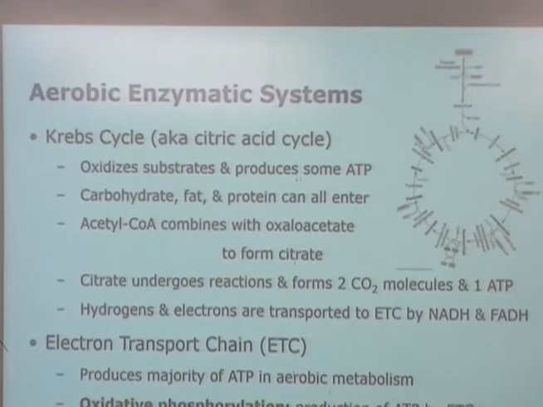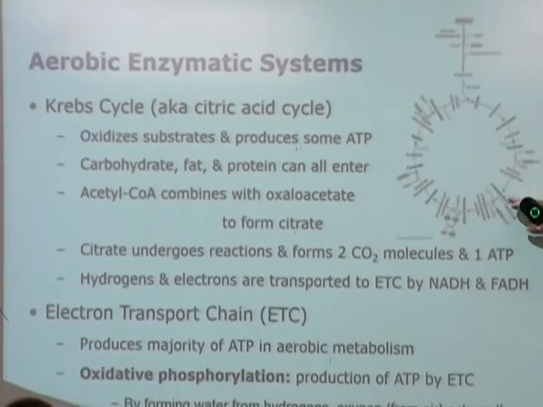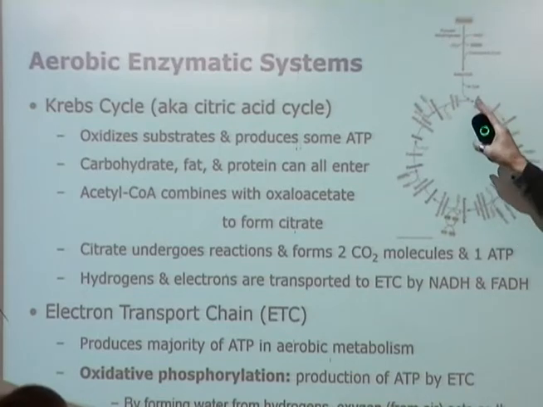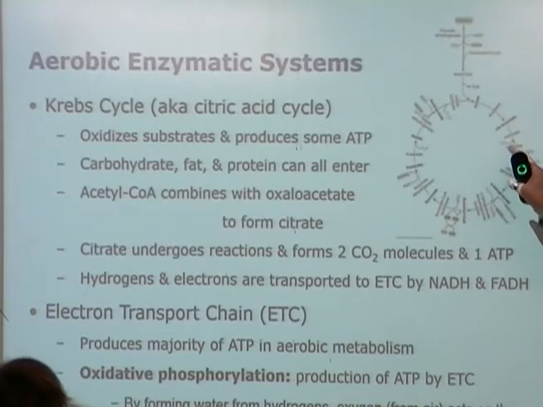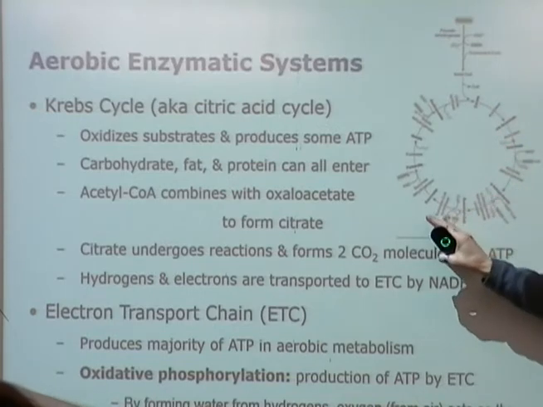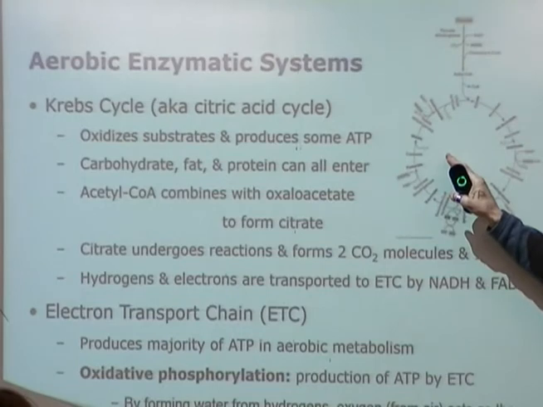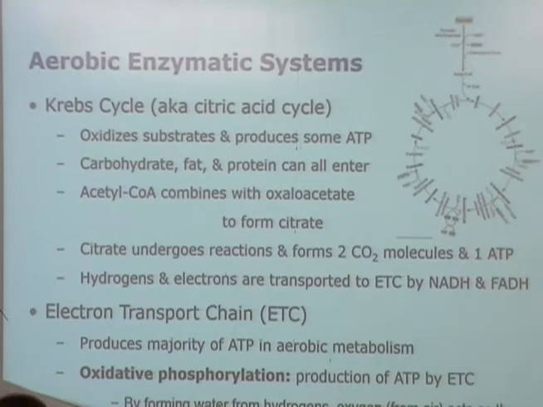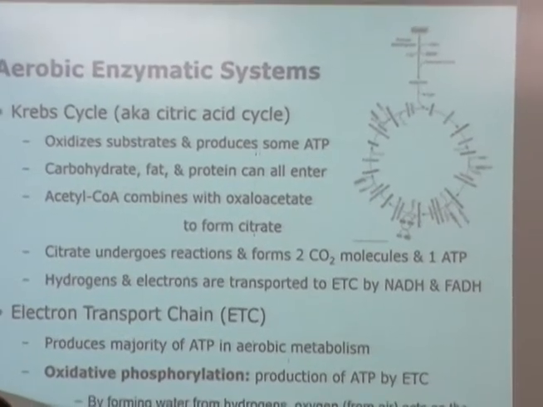For us, right now, we have to understand why and when you're going to use this kind of system, because it impacts how you're going to train someone, right? I don't want you to spend time learning every single molecule at every step of the breakdown all the way around Krebs cycle. You've got a textbook, you can look it up, you won't remember it anyway, so let's use our time more productively. All right?